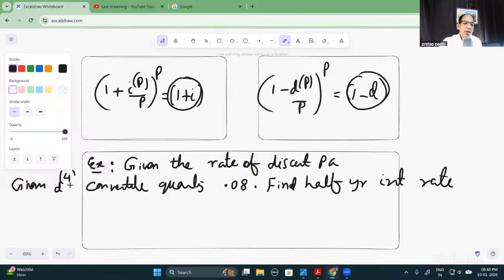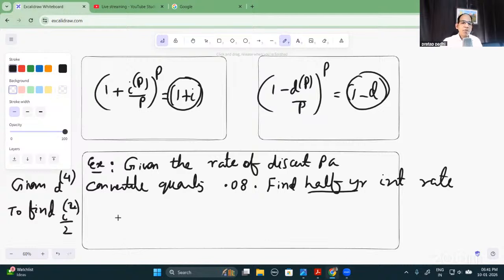Remember one important thing for starters: wherever you see the word convertible, it means it is not converted. Here the word convertible is missing, which means they are asking you to find i4 divided by 4, i half year, i2 divided by 2. So you have to find i2 divided by 2 from d4.